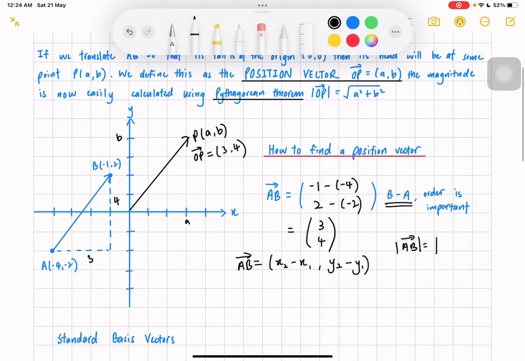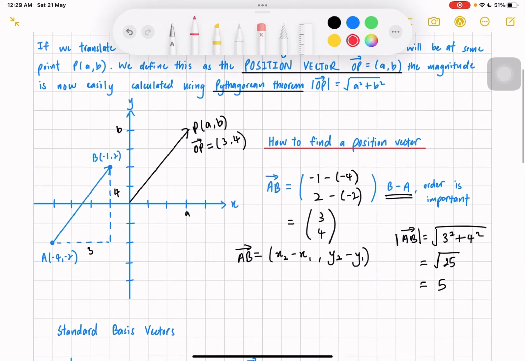So the square root of the square of the x coordinate and the square of the y coordinate. So it will be 3 squared plus 4 squared, and square root. 3 squared plus 4 squared will be 25, and root 25 will be just 5. So vector AB will have a length of 5 units.